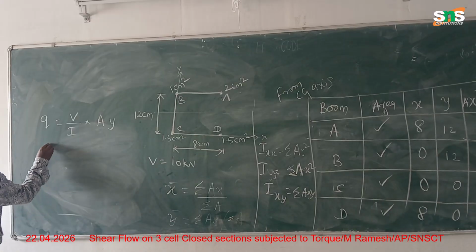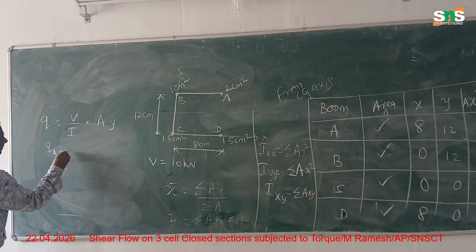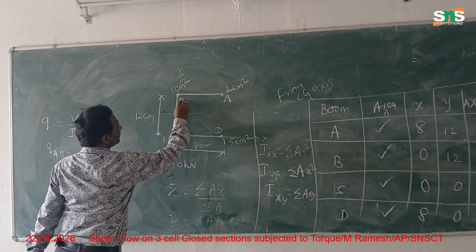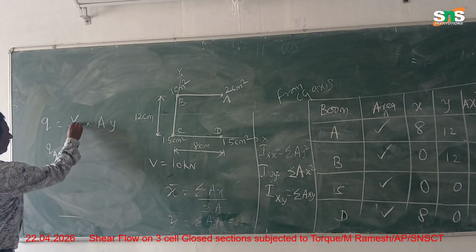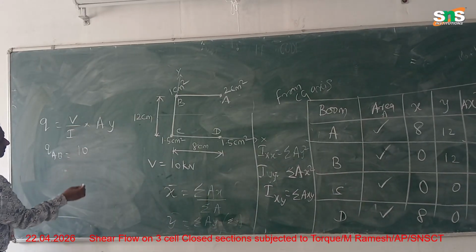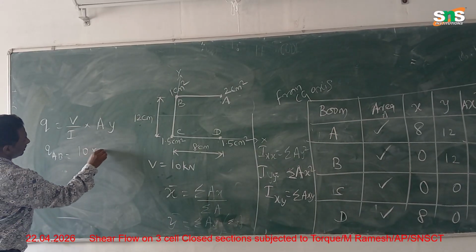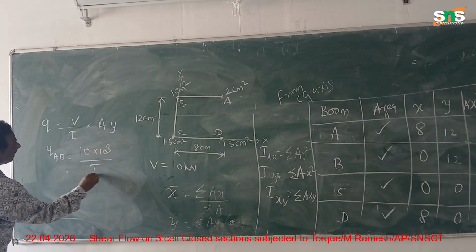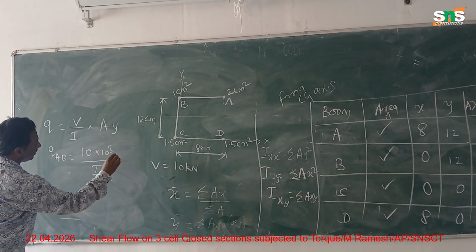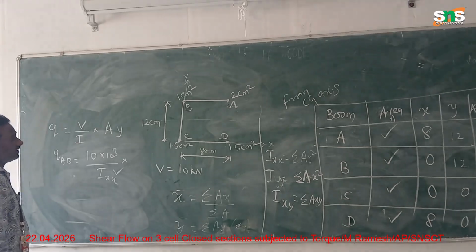How to find it? First, we take QAB. We know that V equals 10 into 10 power 3. You can substitute the I value, Ixx, which is a known value, and the area.